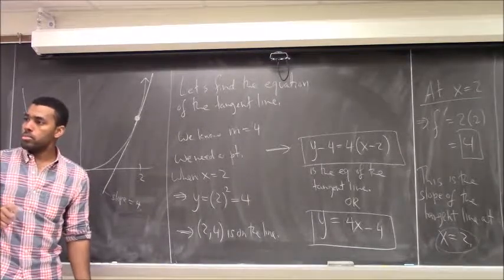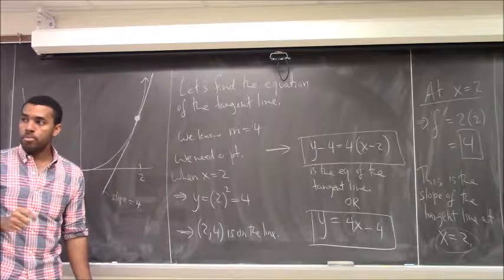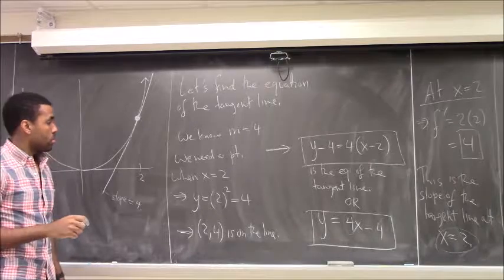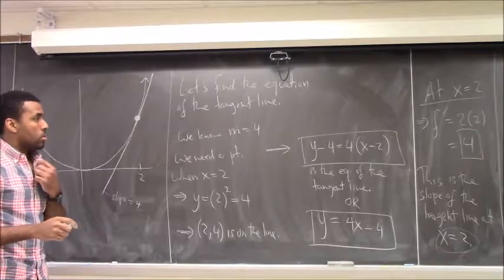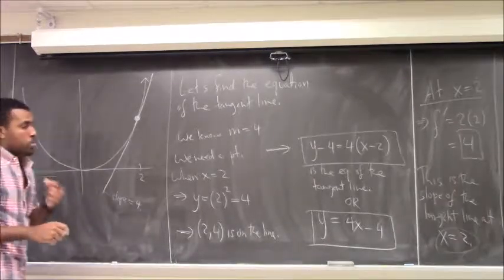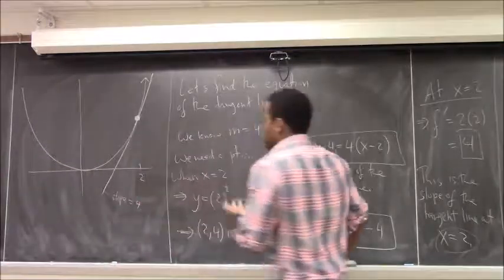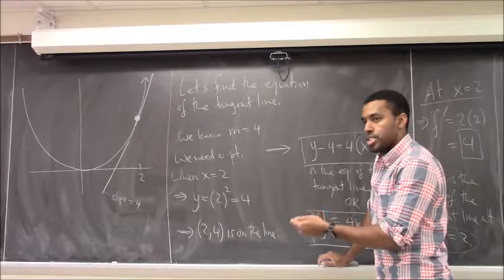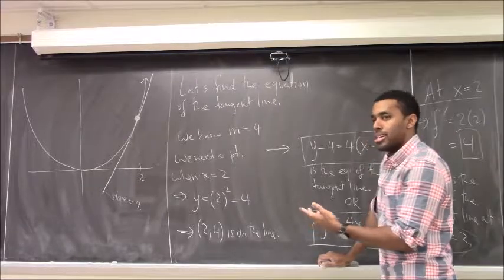Yeah, did you have a question? So how would you determine the slope if we weren't given a point? Would you say it was somewhere in the middle of, like, 1 and 2? Well, the whole point of finding a derivative is that there is usually some point that you're concerned about, so you will usually know what that is.